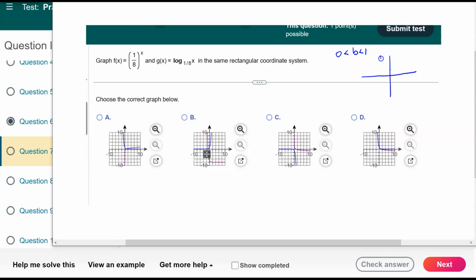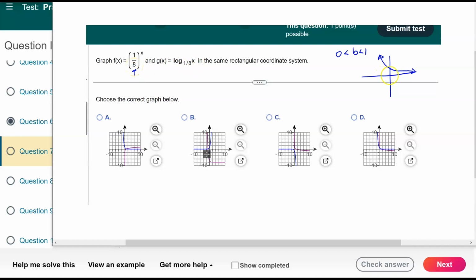So it will behave like this. And this log of x base 1/8 is the inverse of the exponential function 1/8 to the x.